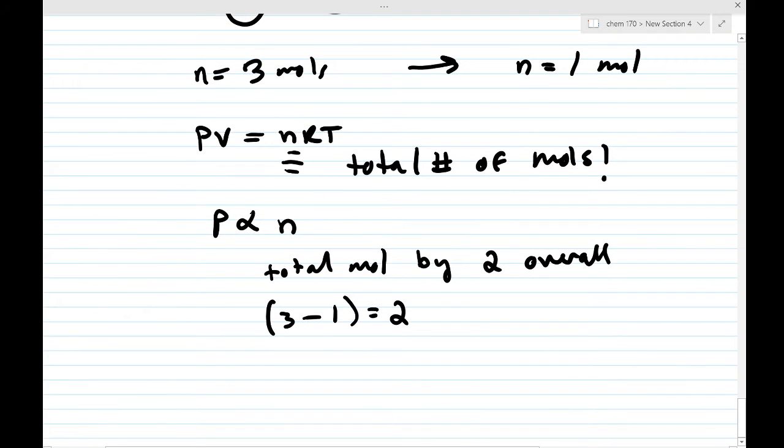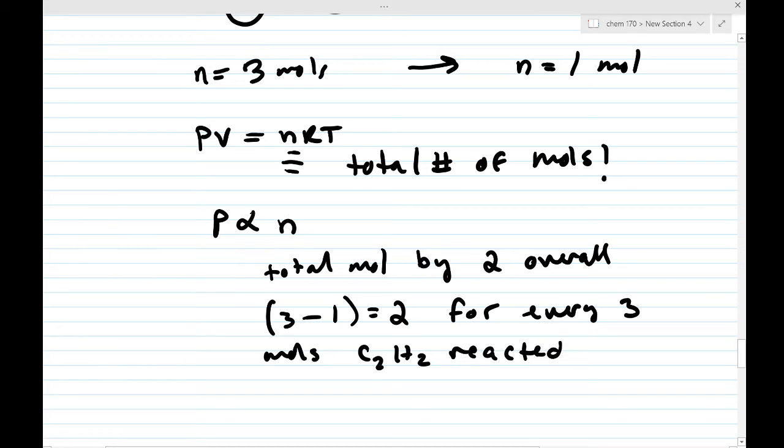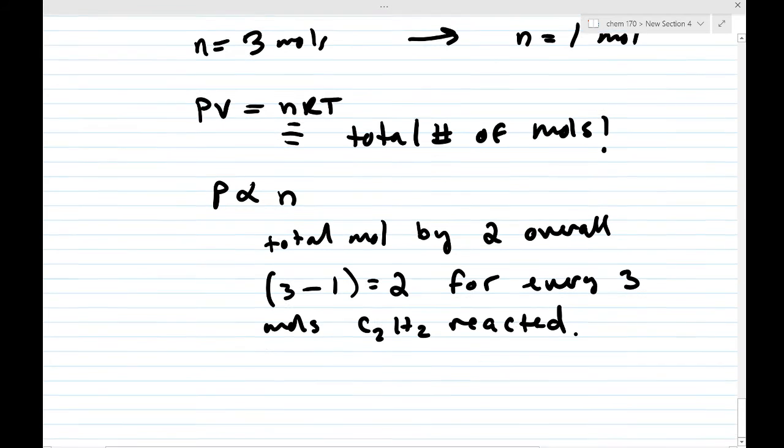And this occurs with every 3 moles of C2H2 that reacts. So for every 3 moles of C2H2, we drop the total number of moles by 2.